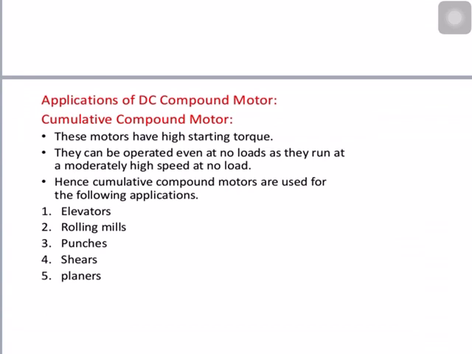Hence, cumulative compound motors are used for the following applications: elevators, rolling mills, punches, shears, planers, and the like. These are the applications of DC compound motors. So this is about the characteristics of DC shunt motor, series motor and compound motors.